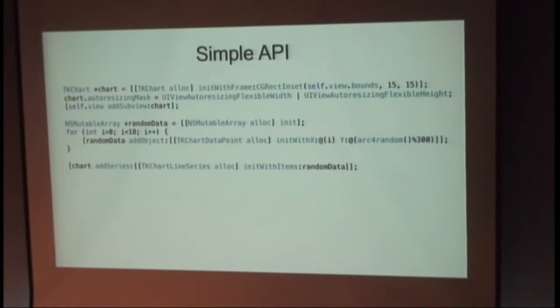Then we needed to add some random data in there, so we added 10 different data points. This line is very important, because it keys in what we were aiming to do with the simple API. This was chart addSeries, TKChartLineSeries alloc initWithItems, and then just our random data that you can see we generated here.